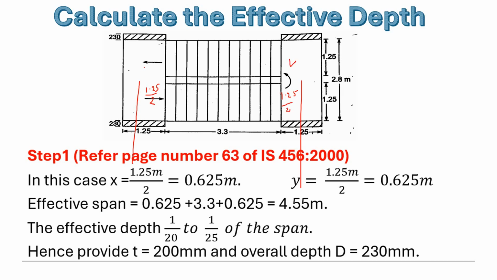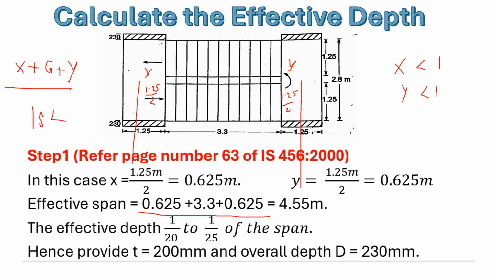This is y, and this is x. x is less than 1 meter and y is less than 1 meter. So you can take the effective span as x plus g plus y, as observed from the table from IS 456. That is calculated here as 4.55. Now what is the effective depth?